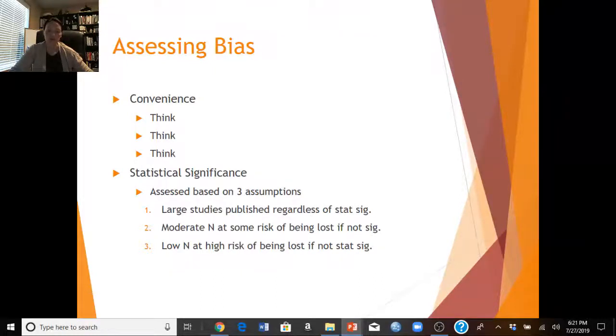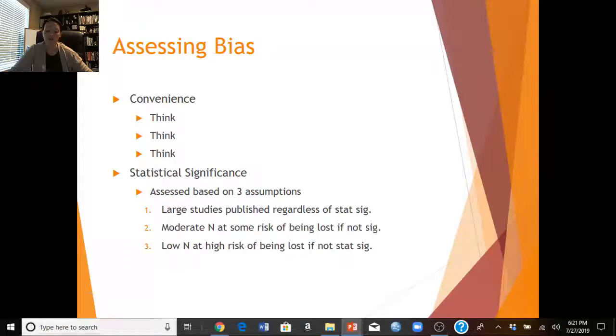And then small N studies that are not statistically significant are almost never published. So if it's a low N study, remembering that it's at a high risk of being lost if it's not statistically significant.